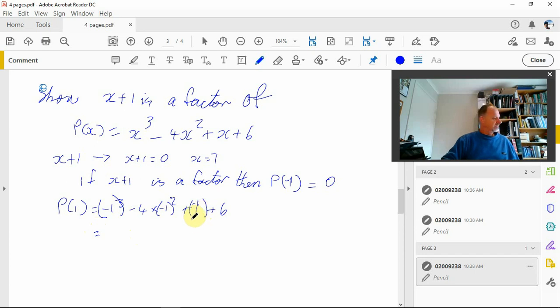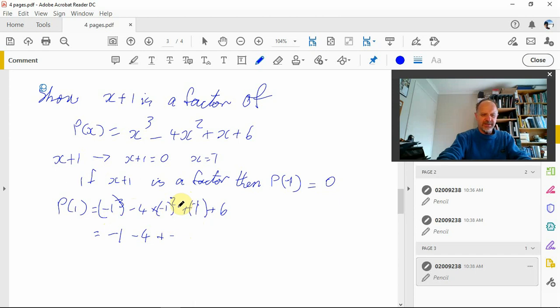All right, let me just check the polynomial I've got. Yeah, I do have that bit right. So I've got the simple bit at the start wrong. All right, so -1 cubed is -1. Negative 1 squared is 1. 1 times negative 4 is negative 4. Plus negative 1, which is minus 1.